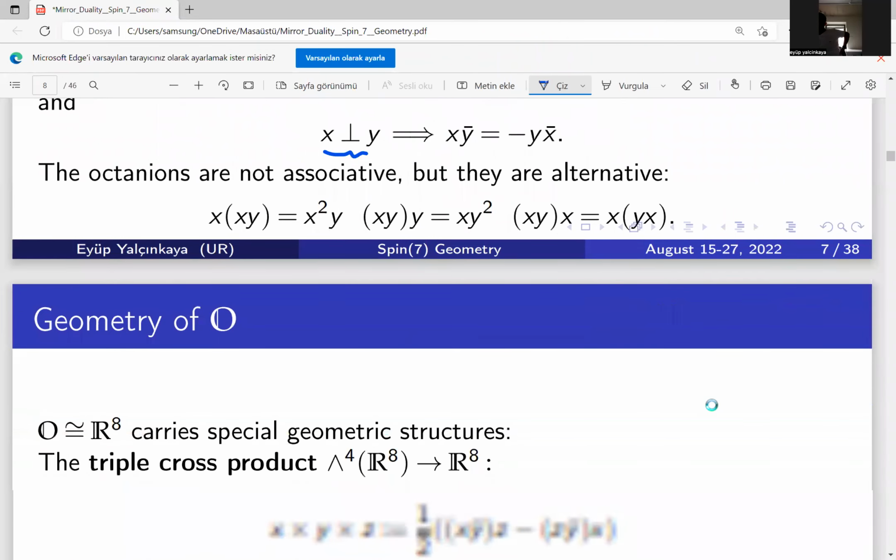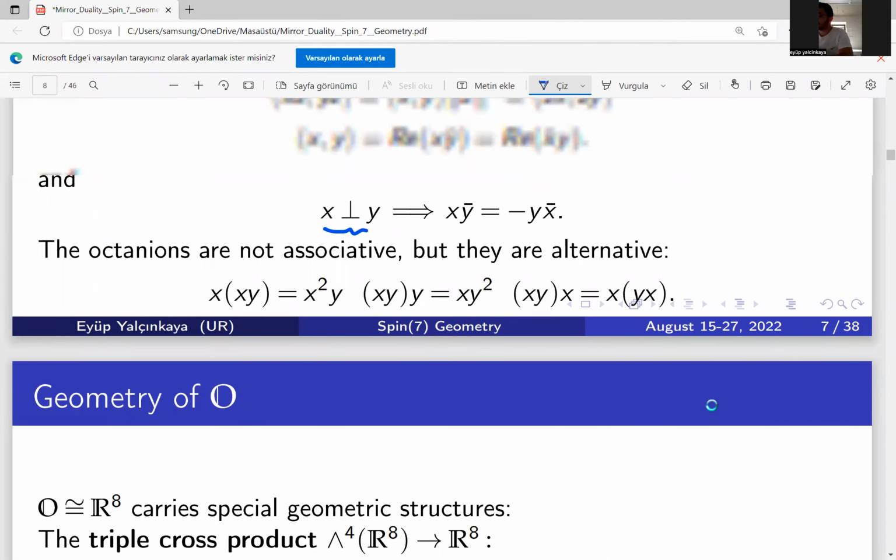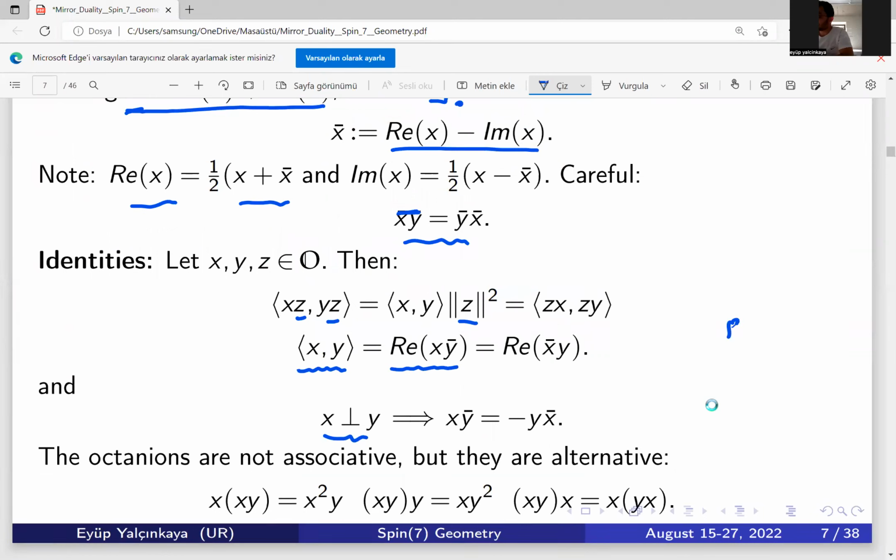We know that the octonions are not associative. We lost that information from the Hurwitz theorem: R, C, the quaternions and octonions. For each step, we lose some information.